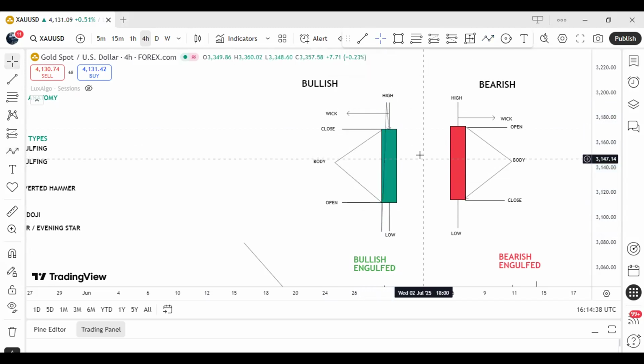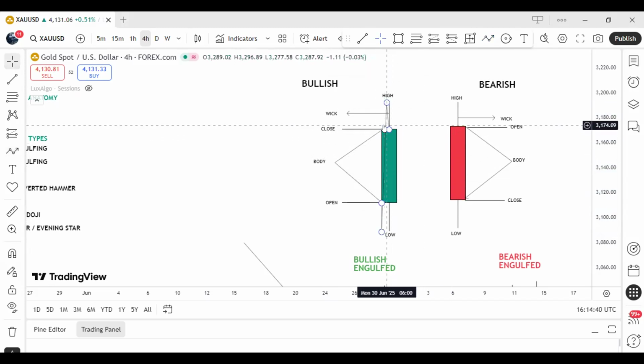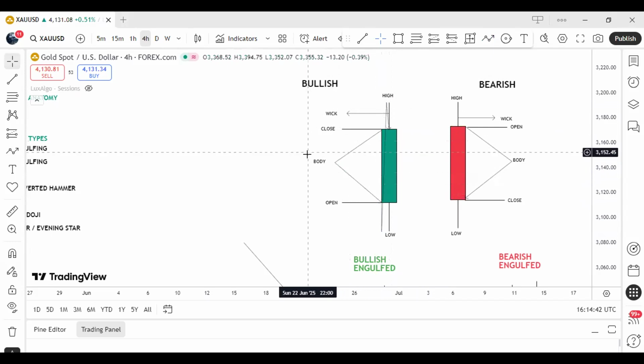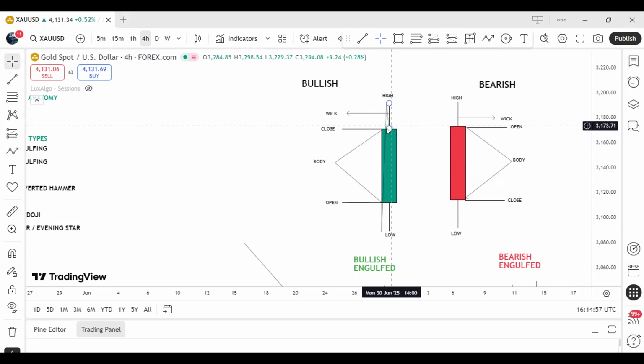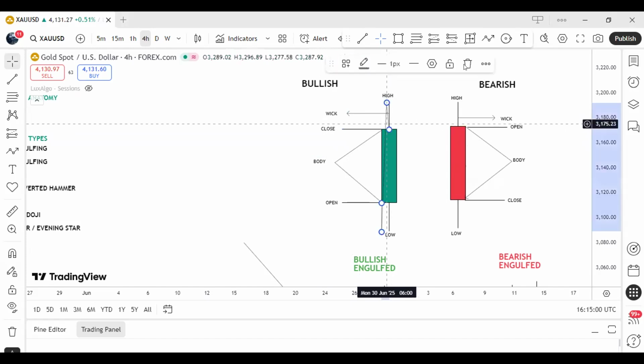From the point where price opens to the point where price closes is what we refer to as the body of the candle. The point where it opens and where it closes is what forms the body. Do you understand why what you are seeing at the top represents the rejection of price?